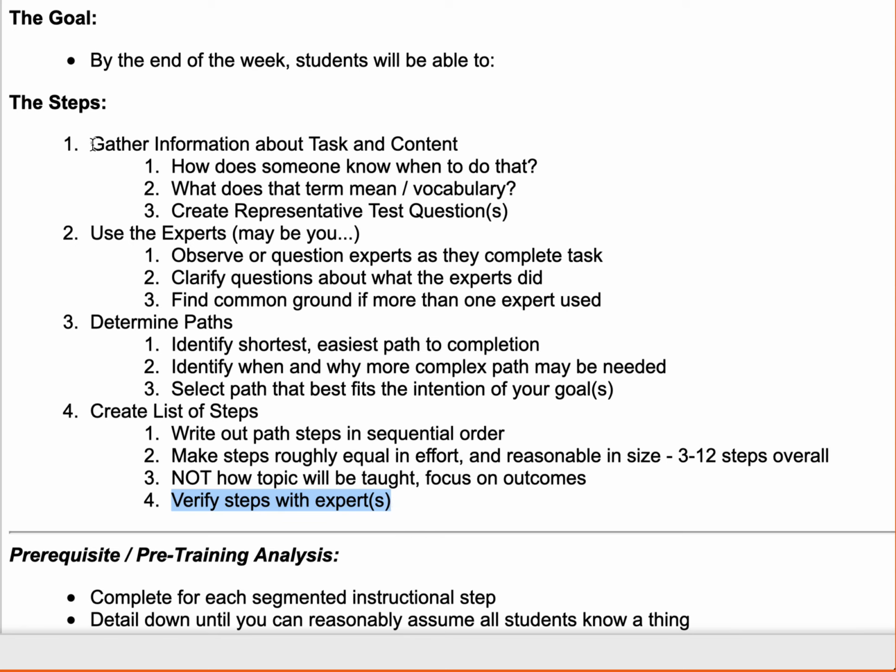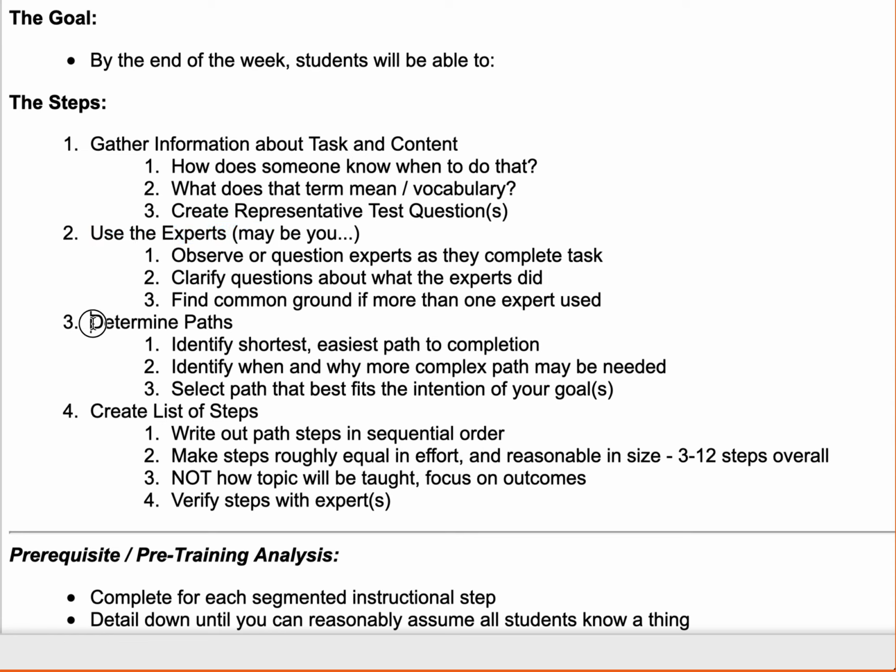So this is the framework that I would like you all to use in going through this segmenting process, coming up with the steps. So do a little analysis of the task. What vocabulary do they need to know? When will they need to use this? Make those test questions. Then analyze what the experts do.